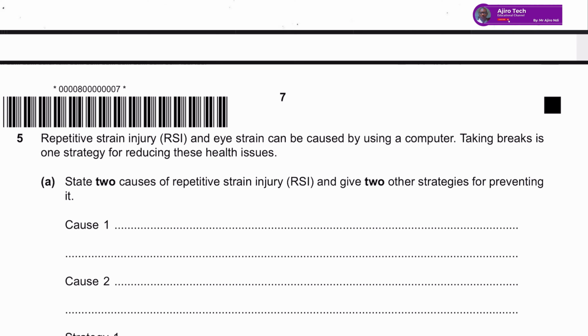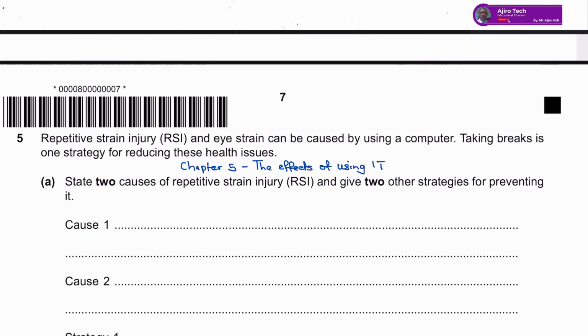So you have chapter 5, the effects of using IT. So let's take two causes of RSI and give two other strategies for preventing it. You will see this in the potential health problems related to the prolonged use of IT equipment. That's where you see the RSI.